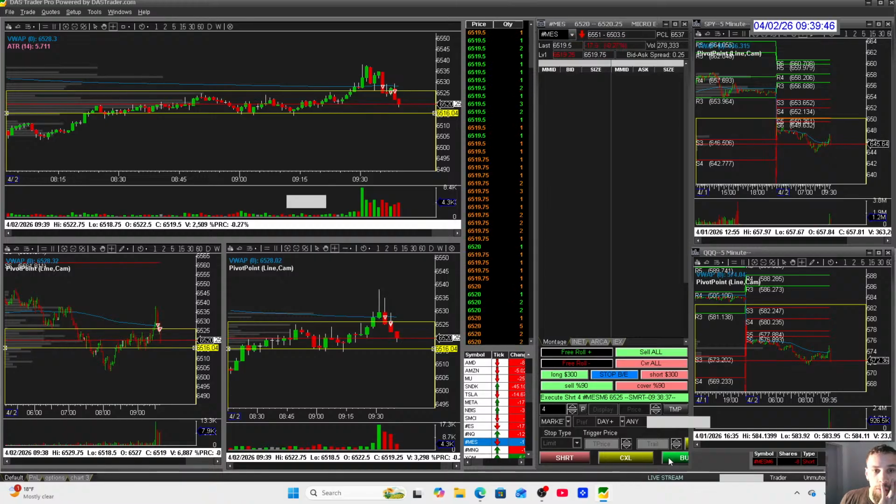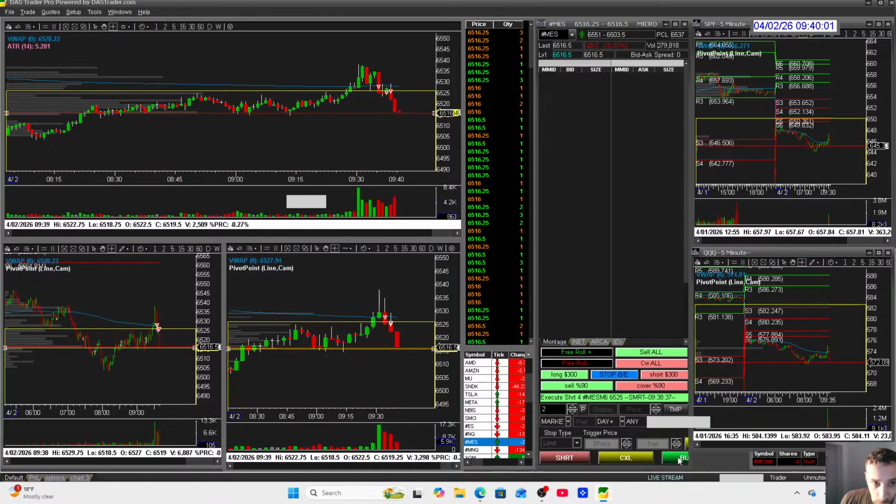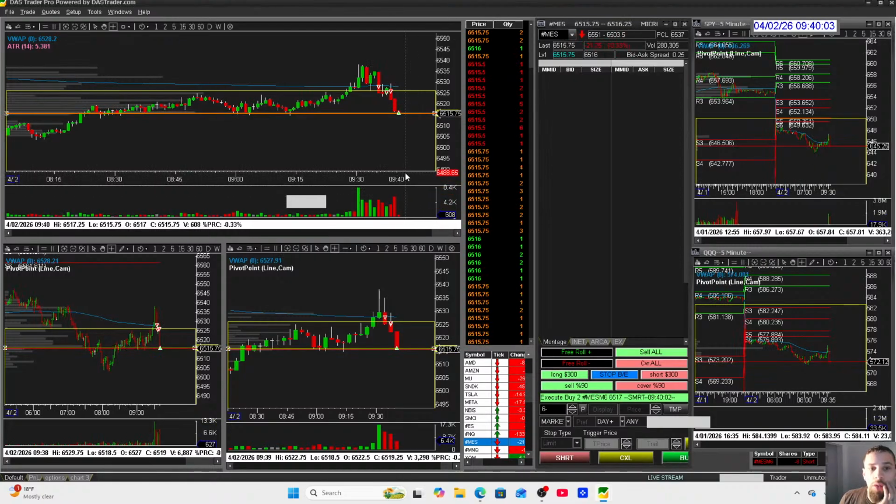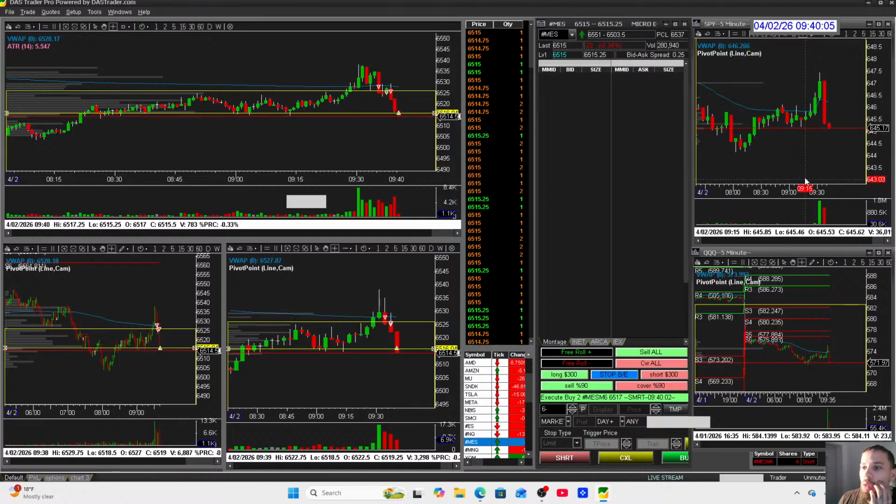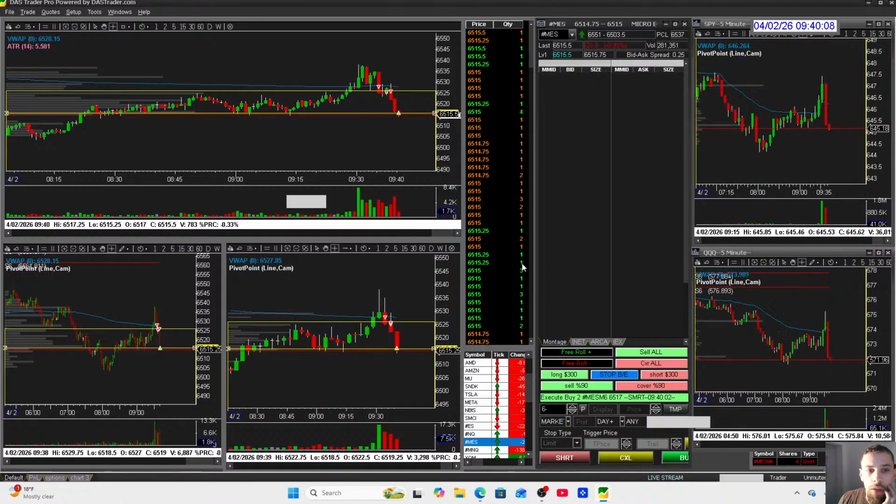I'm looking for 65.16. Almost there. Volume's picking up nicely. Alright, we just partialed some. I don't want to get out yet. There's lots of volume to the downside. Let's see where this goes.